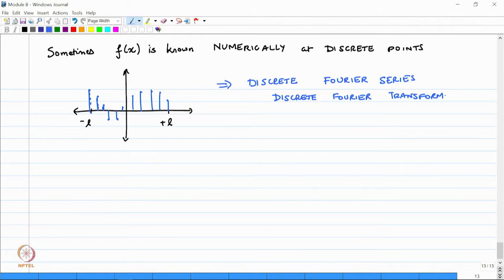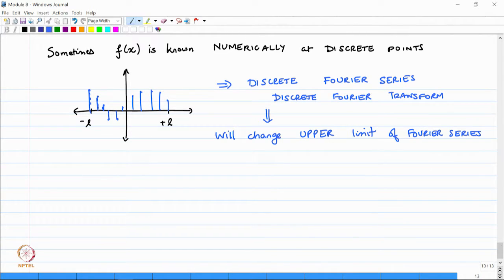What this will do is, we will discuss this later when we are talking about Fourier transforms. This will change the upper limit of the Fourier series.